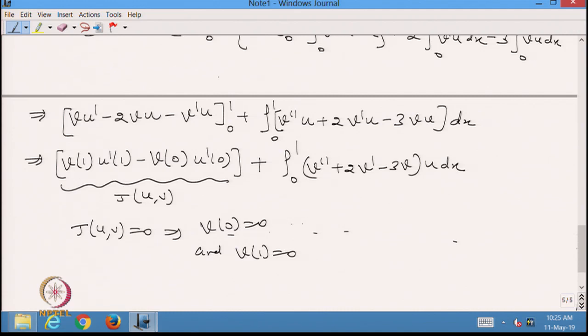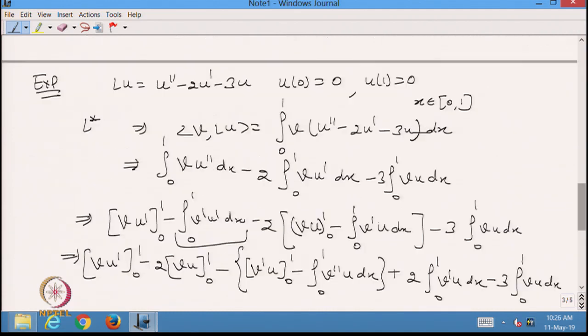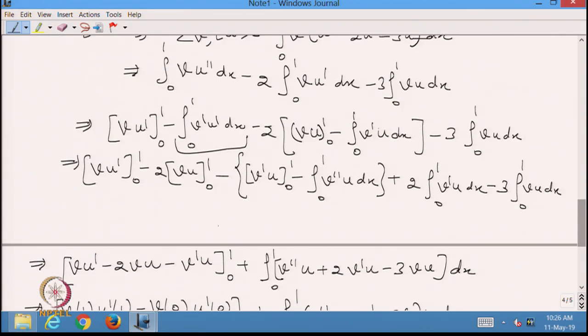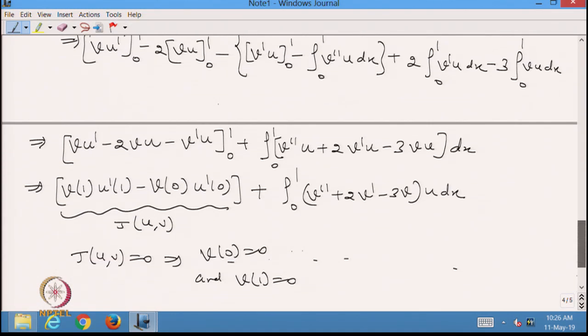So, in this case, just to make it a little bit more complicated, I can take u dash of 1 equal to 0, and if I take u dash of 1 equal to 0, then u at 1 will not be defined. So, let us do this one.